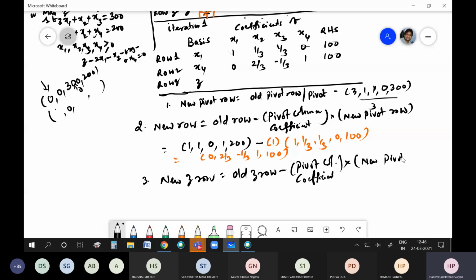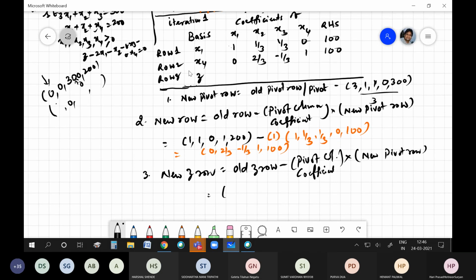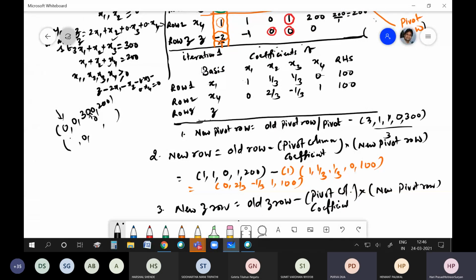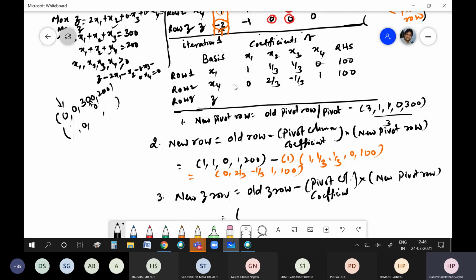The same rule applies here also. So what is the old Z row? Old Z row is minus 2, minus 1, minus 1, 0, 0.